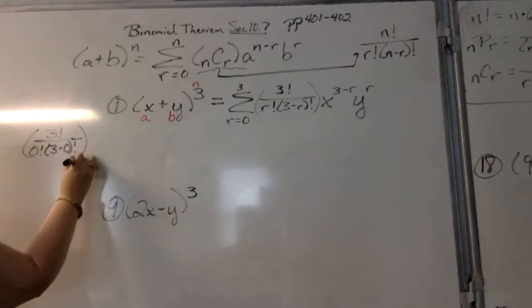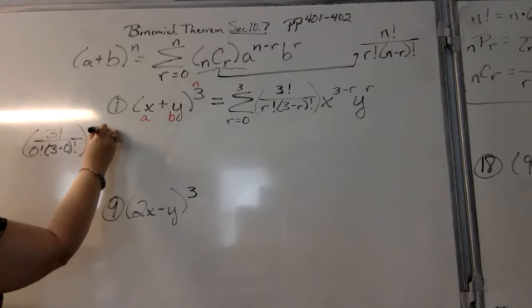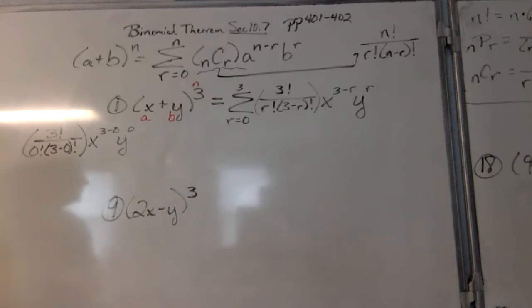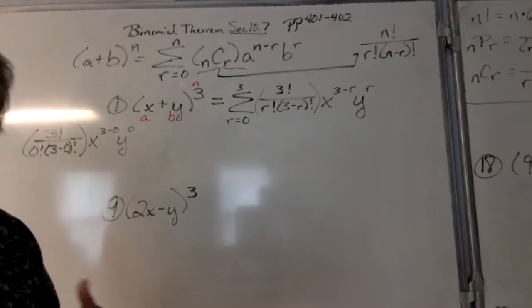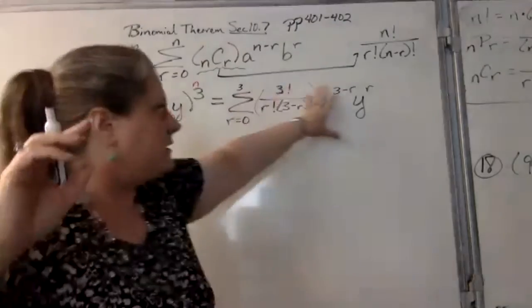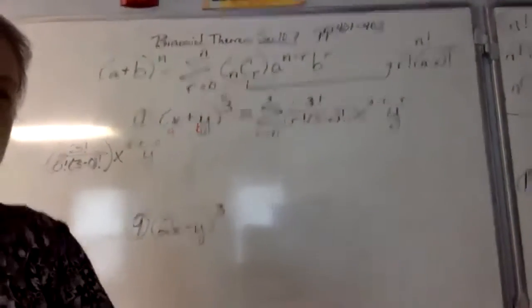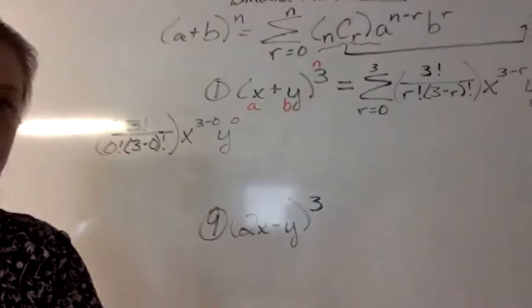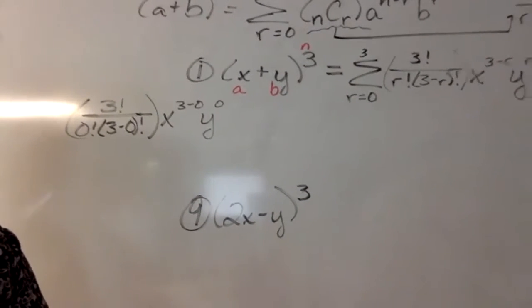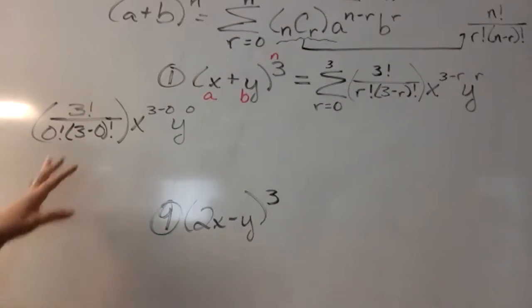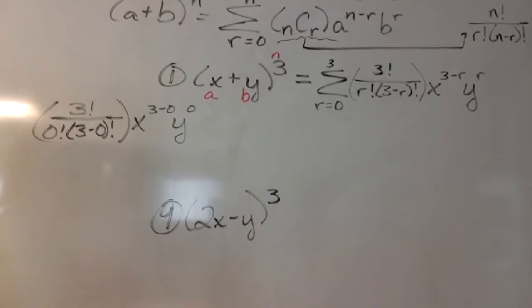And then that's times x to the 3 minus 0 and y to the 0. Everywhere that there was an r in this, I put 0. Okay, let me scoot you up closer. Everybody see? Okay, everywhere that there was an r, I put 0. Okay, that's the first one.